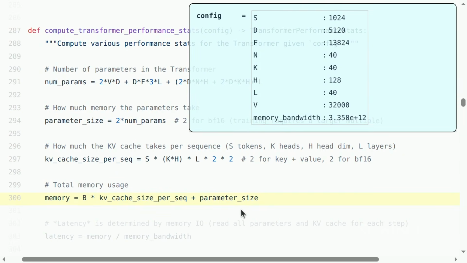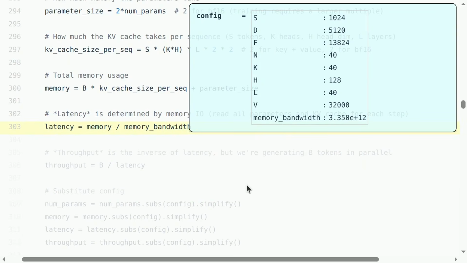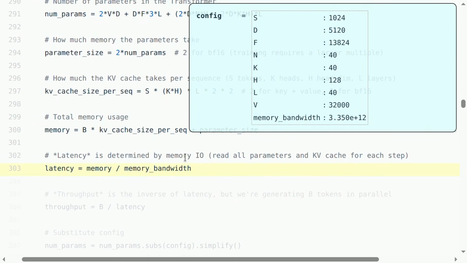And now, what's the latency? The latency is determined by the memory I/O. Okay, because inference is memory bound, assuming you overlap communication and compute, all the time is going to be spent on shuffling parameters back and forth between HBM and SRAM.